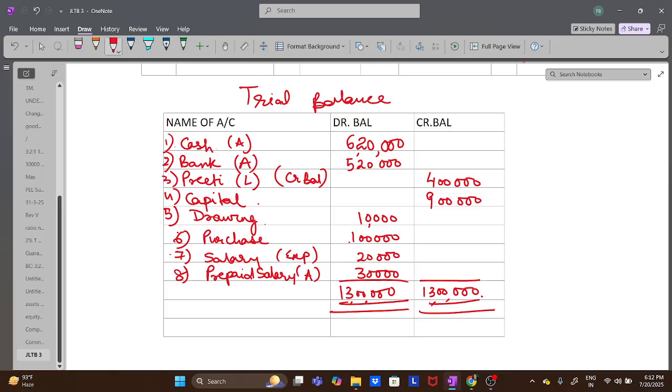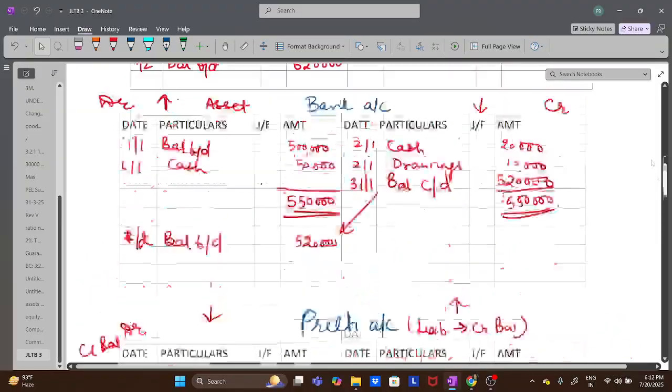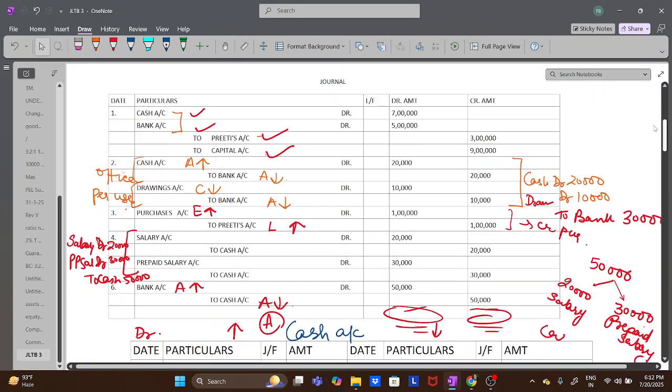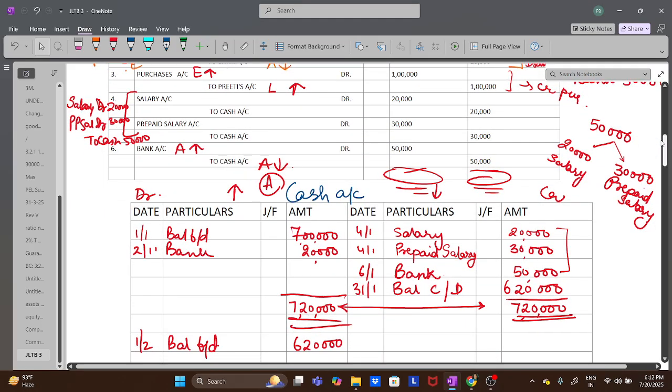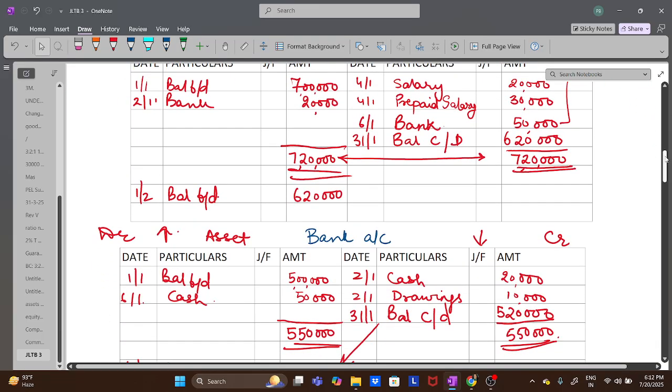I am repeating once quickly what we have done. We did the journal first. What did we do in the journal? We passed the journal entries using accounting logic. What should be debited, what should be credited, rules of debit and credit, asset and liability increase and decrease, we saw. Then we prepared the cash account. In the cash account we posted all things.